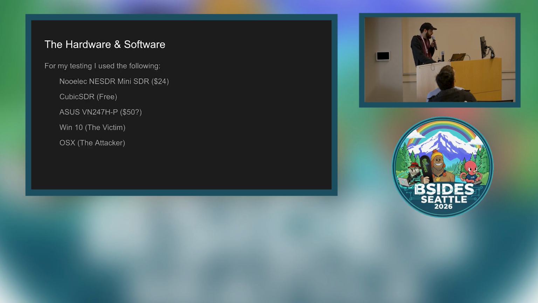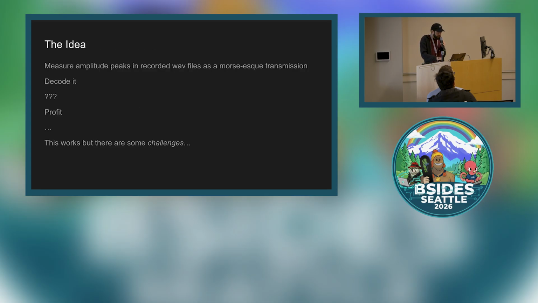So this is what I actually did. If you want to recreate the attack, this is the gear you need. Any monitor will do. You need any software-defined radio, and I found the cheapest antenna I could on Amazon. Putting all of that together, we get a proof of concept.